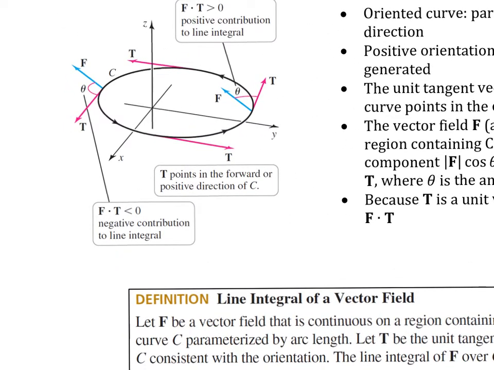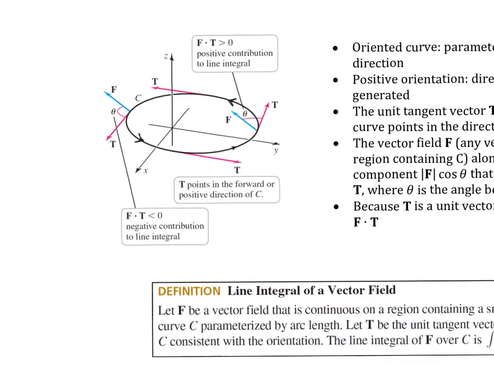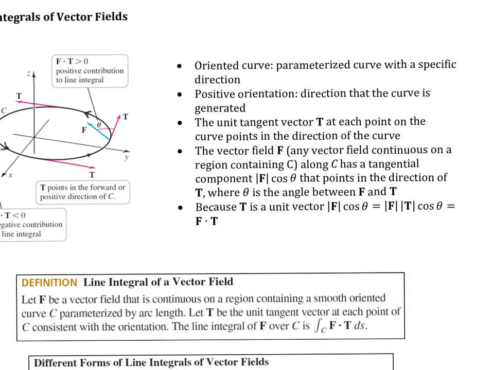So we have this curve, and it's oriented in a certain direction. In this case, our curve in the xy plane is oriented counterclockwise. When we say oriented, we just mean that it has a direction, okay?